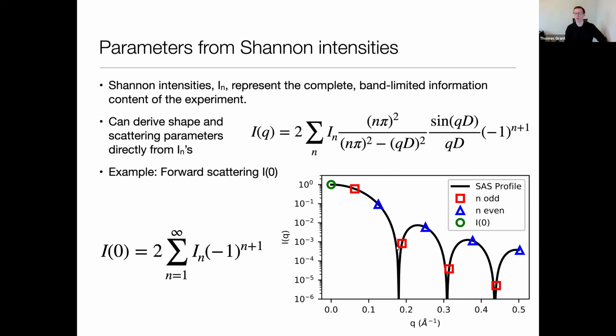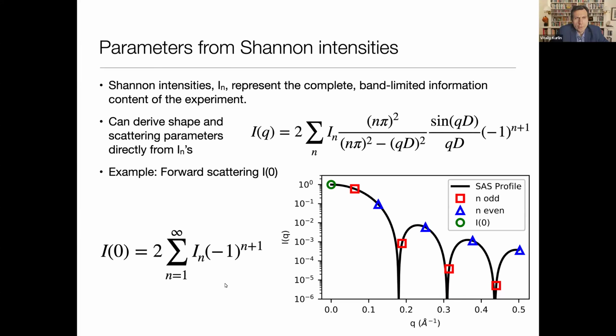So it's 1 minus 2 plus 3 minus 4, and this is on a log scale, and so most of that is within the first 4 or 5 Shannon channels, and the rest of it is just sort of oscillating around a particular converged value. So we get a very, very accurate estimate of I of 0 just from these Shannon intensities.